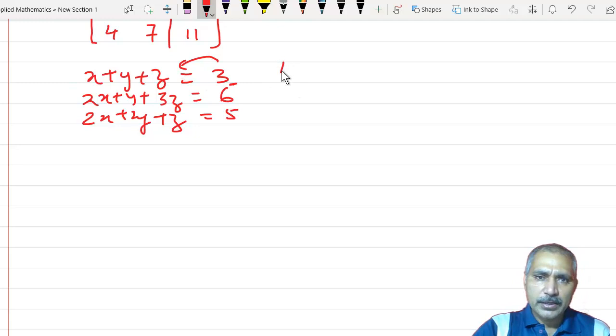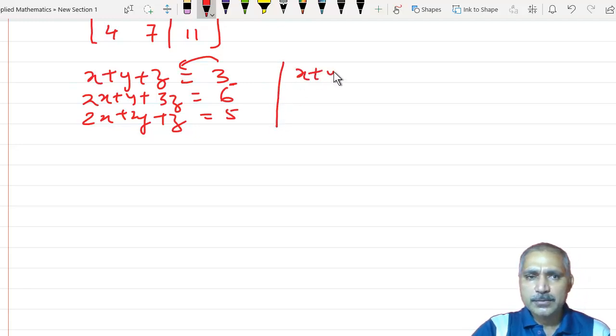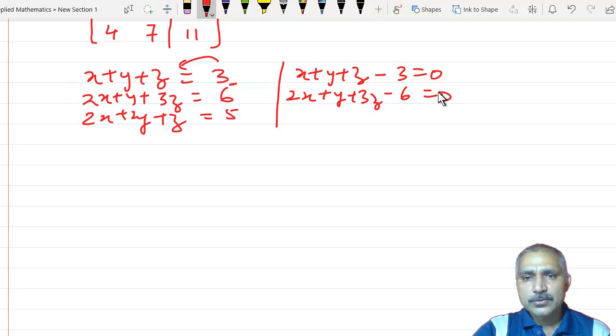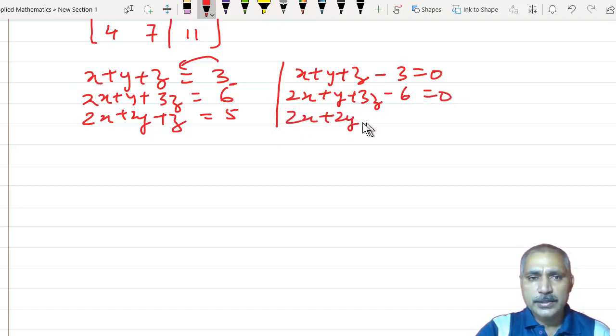So I will convert that into that format. They can write these equations as x plus y plus z minus 3 is equal to 0, 2x plus y plus 3z minus 6 is equal to 0, and 2x plus 2y plus z minus 5 is equal to 0.